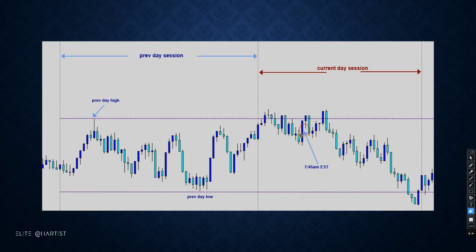We're coming to the charts and we are at about 7:45 a.m. and we are looking at where price action is in comparison to the previous day high and low. Now you're going to mark off the previous day high with a nice horizontal line and extend it through. Again, you mark the previous day low and you also extend that horizontal line all the way through to today, through the entire trading session.